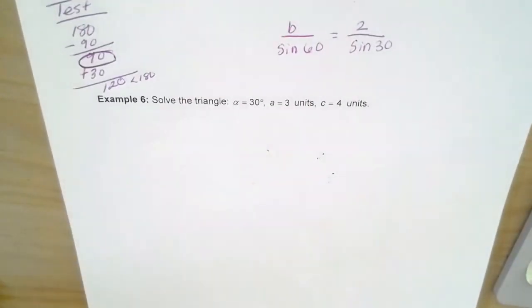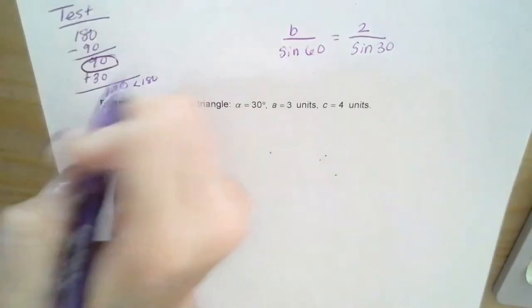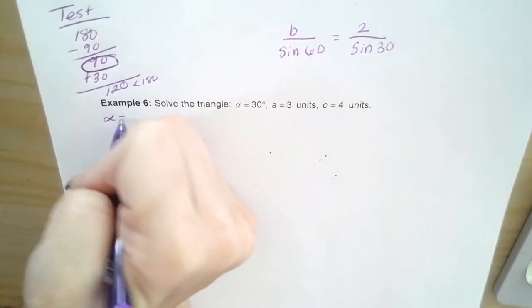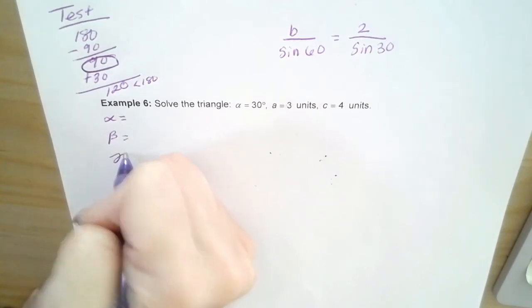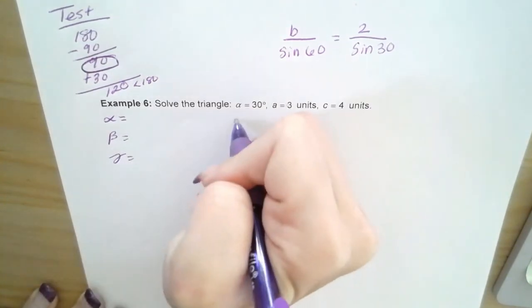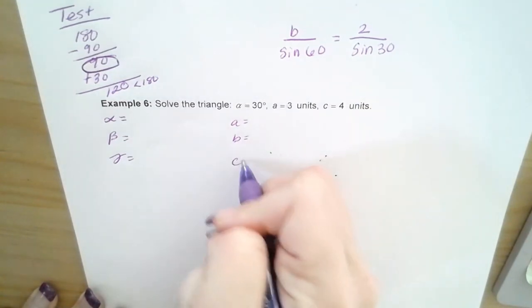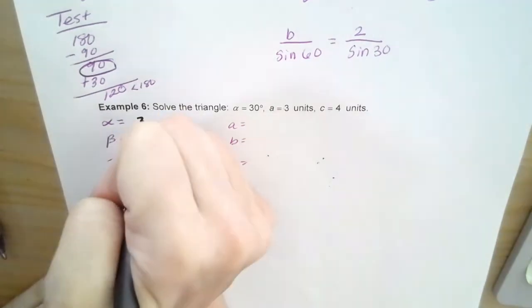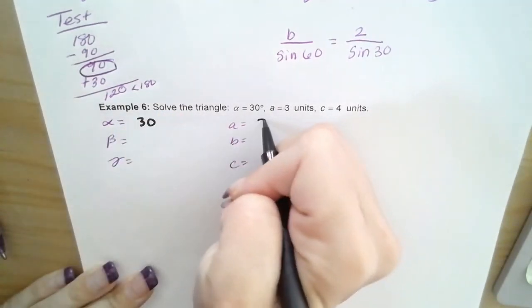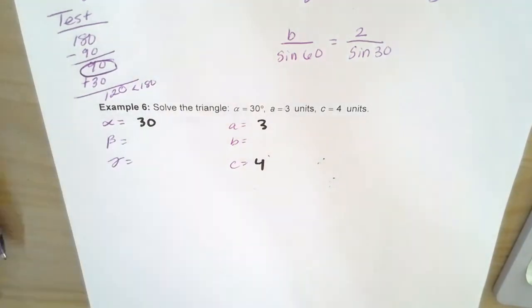Well, if you look here, guys, our A just got 1 more bigger. So let's write our given down. A, B, C. So we are given 30, 3, and 4. How is this going to change?